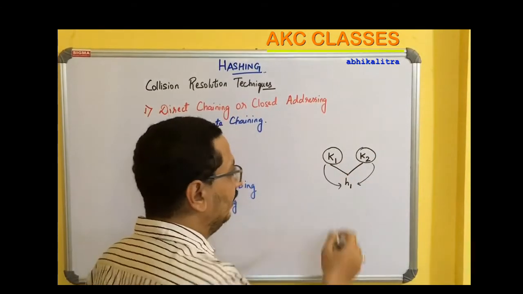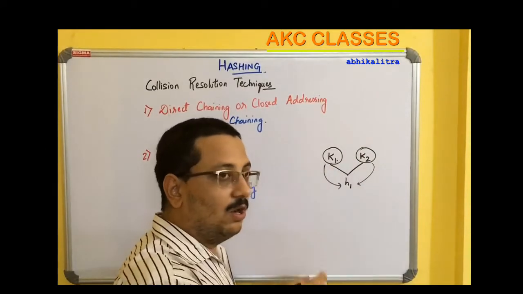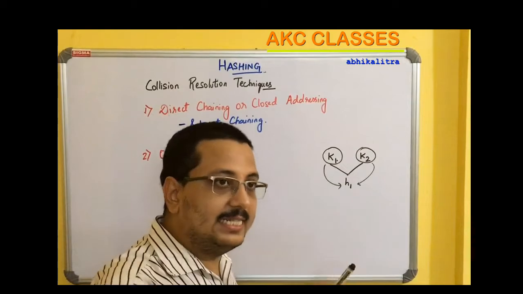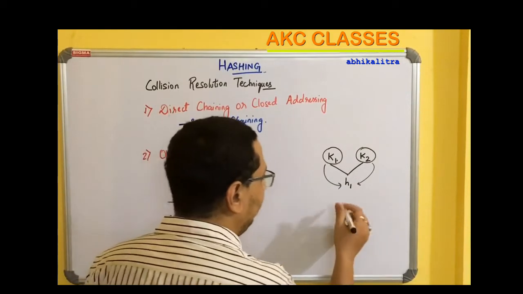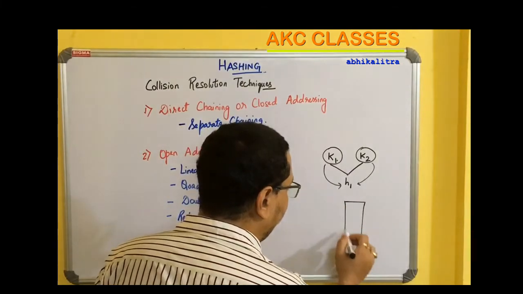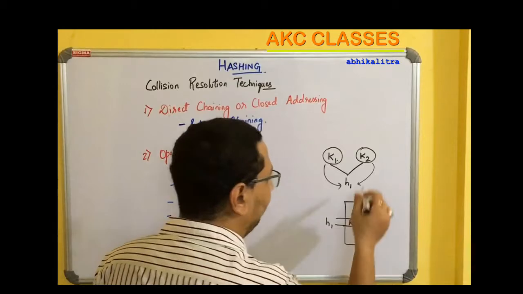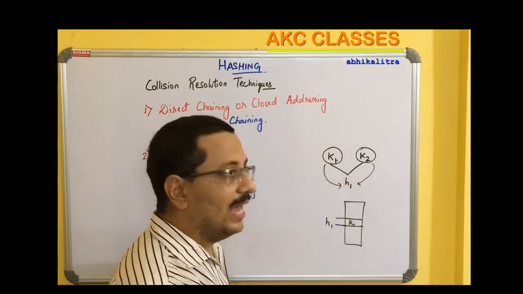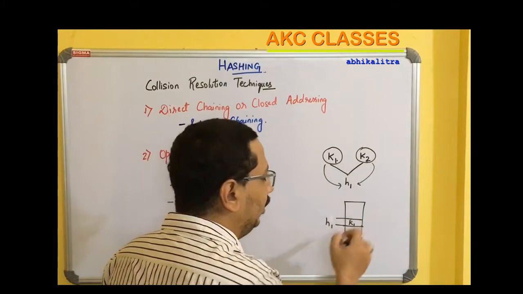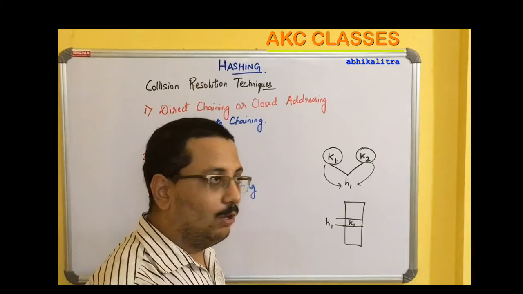If k1 occurs before k2 in the sequence of keys, then obviously in the hash index h1, k1 is already present. When h1 is generated for k2 as well, where would k2 be placed? This is what a collision is.